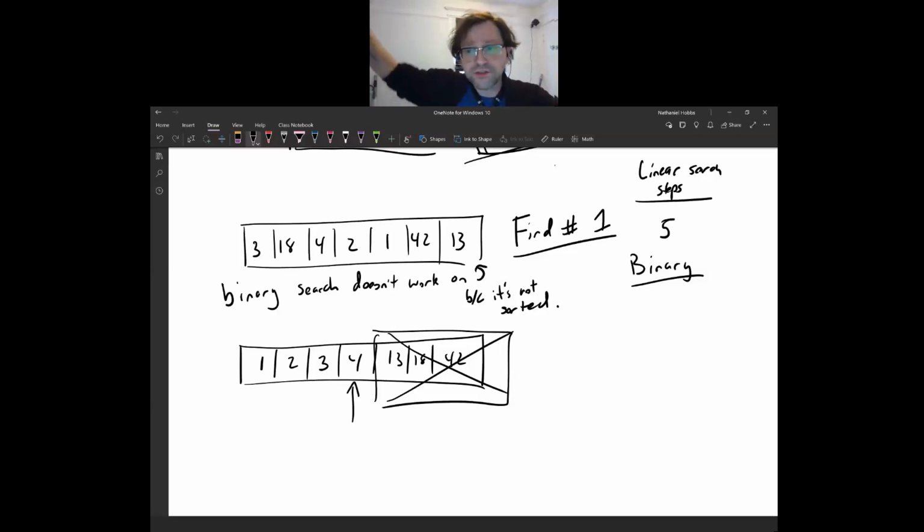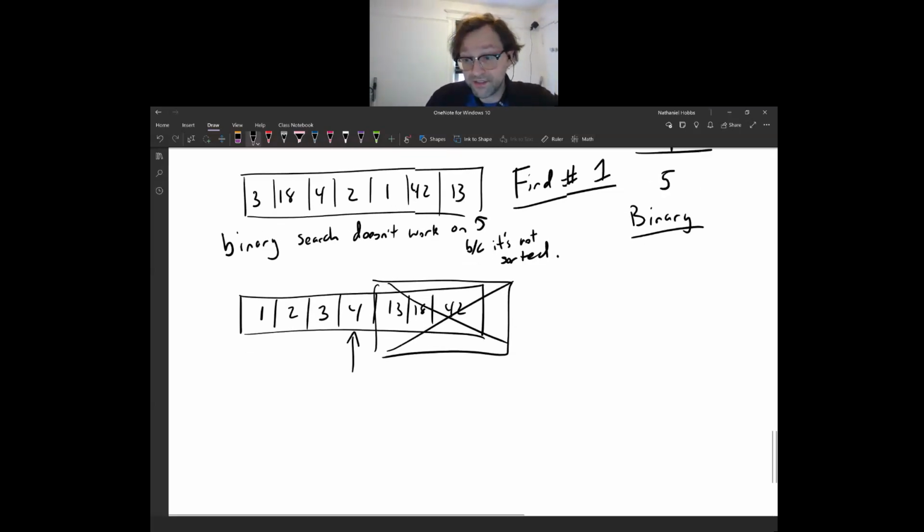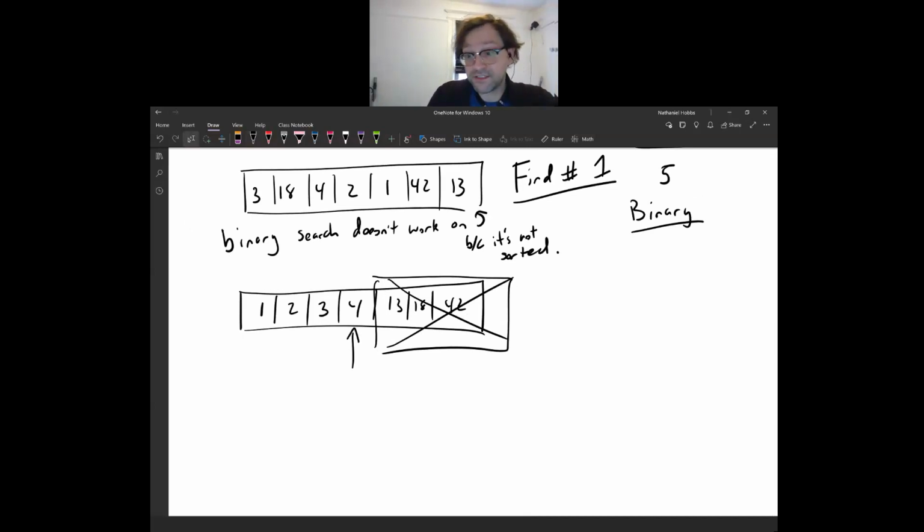We start in the middle of the list. 4 is not equal to 1, so we know we should move left or right. Is 1 bigger than 4, or less than 4? Because 1 is less than 4, and because this list is sorted, and this is why it's important that it's sorted, if 1 is in this list, it's certainly not on the right side. Because 4 is bigger than 1, everything to the right of 4 is also bigger than 1, so there's no point in even looking at it. You're guaranteed, because the list is sorted, that the thing you're looking for, if it exists, isn't there.